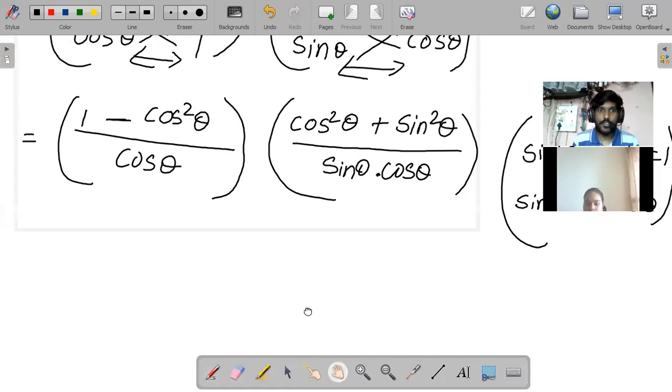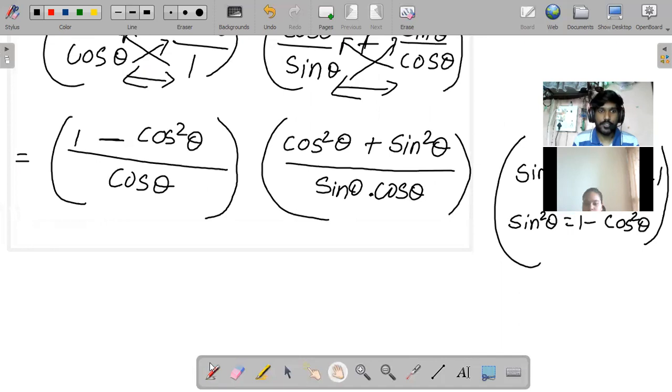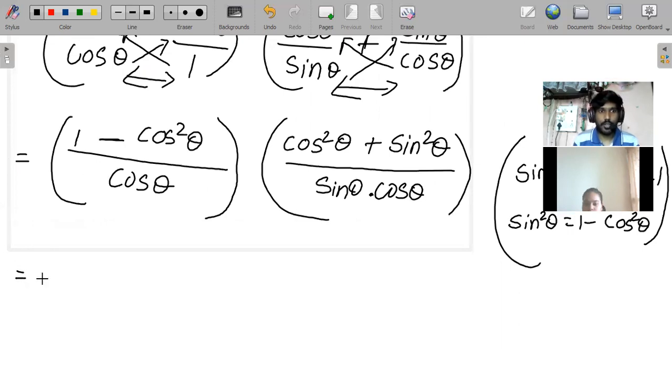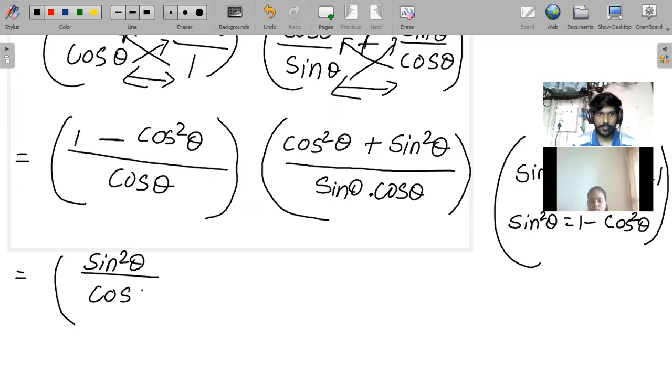Now look at the first bracket and look at the numerator of the first bracket. 1 minus cos square theta is sine square theta. So this is sine square theta, denominator as it is, cos theta.